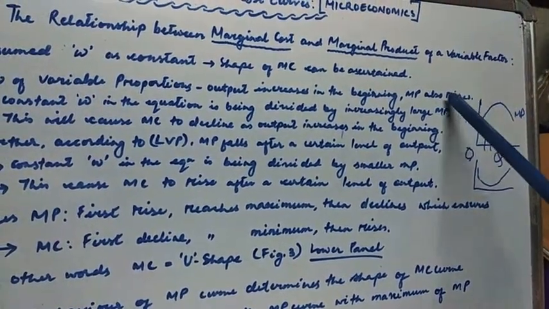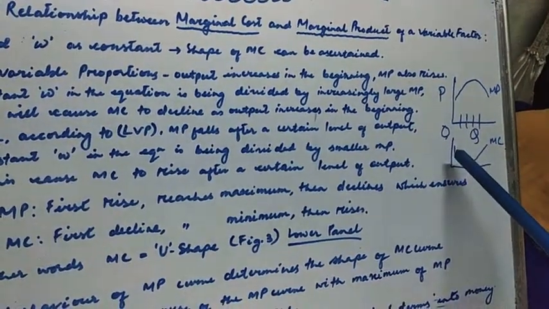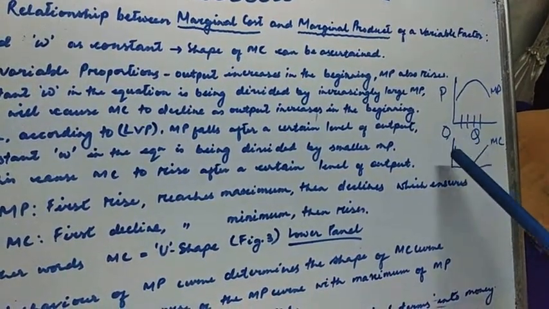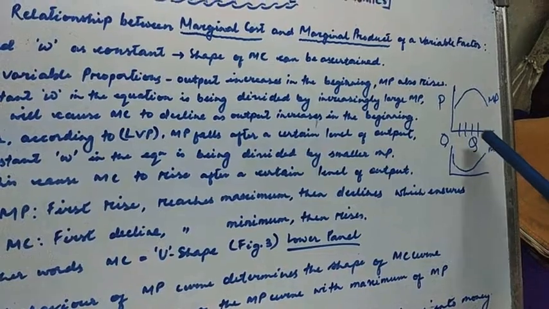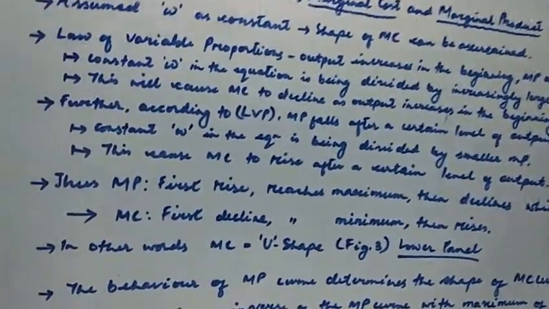Because of that law, the MC curve is like this. So the shape of the MC curve is determined by the law of variable proportion. That is number two.